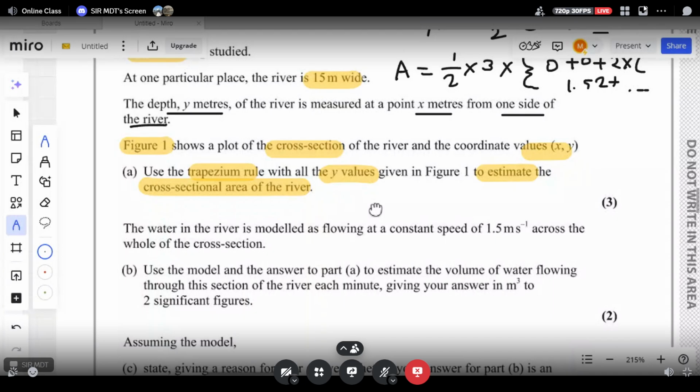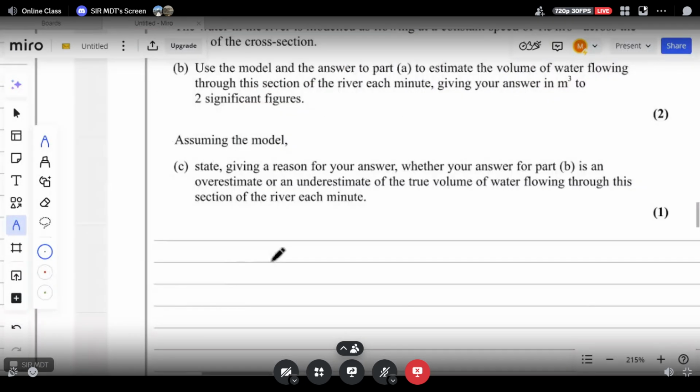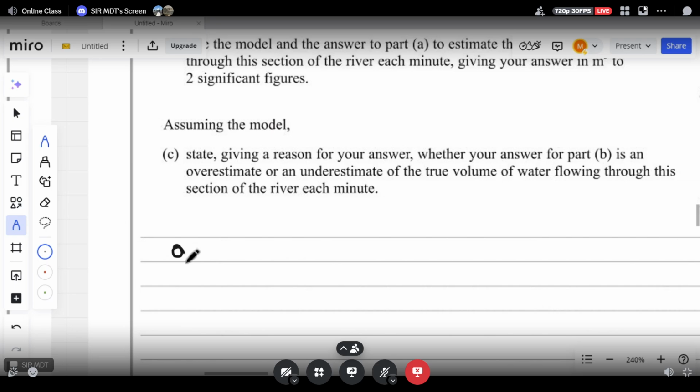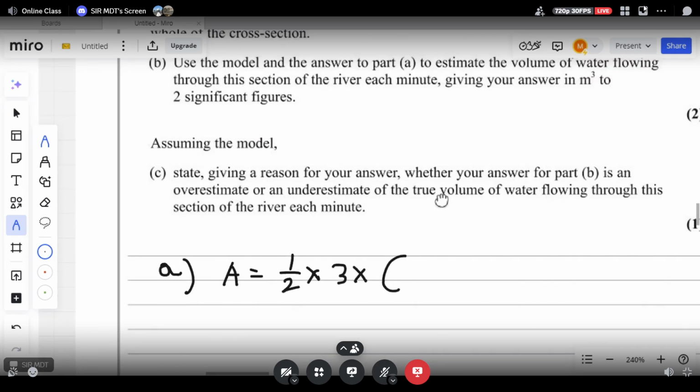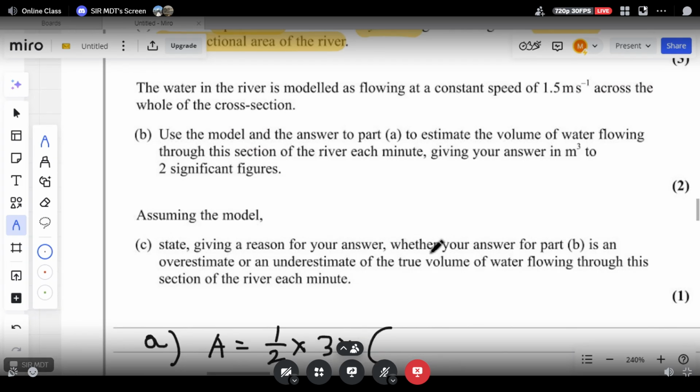Okay. So let's write it in the part of the solution for part A. The area would be half of what I said. The separation is what? 3 times. Then the first depth is 0 and the last depth is what? 0.